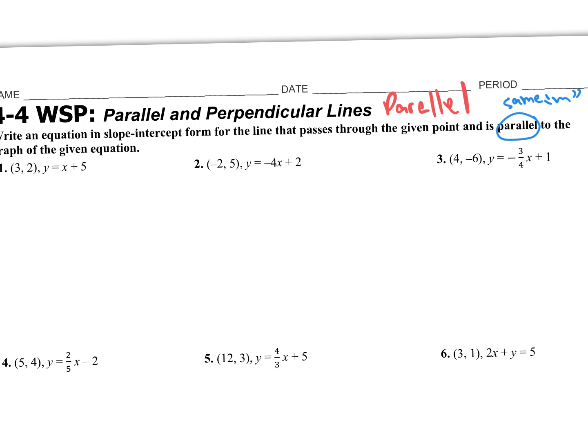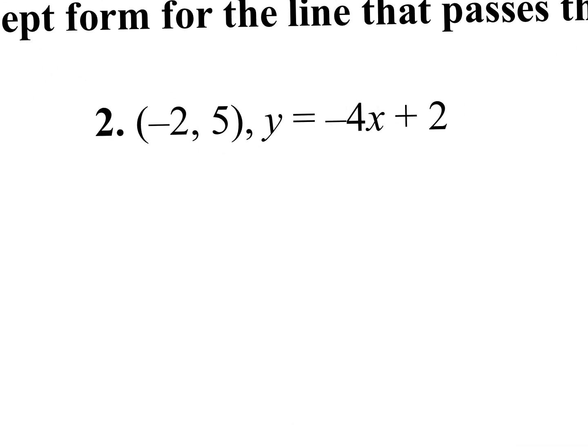So in reality, they give you a point, and the point is obviously x1, y1, which is negative 2, 5 in this case. And they give you an equation, and they tell you that your line is going to be parallel to this line right here. And what does it mean to be parallel? That it's going in the same direction, it won't intersect, which means it has the same slope.